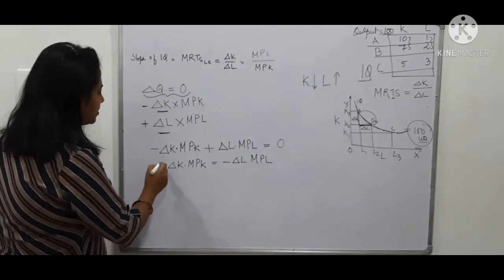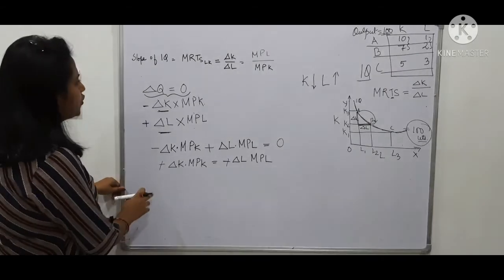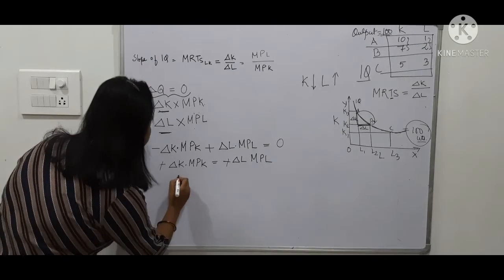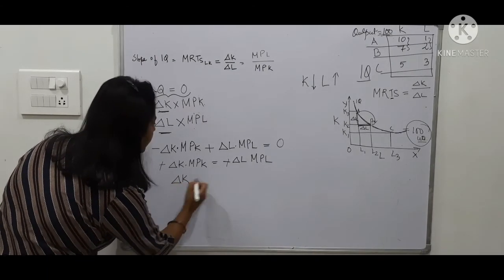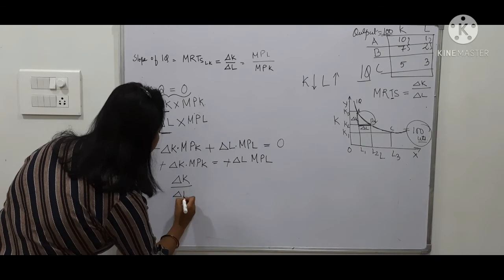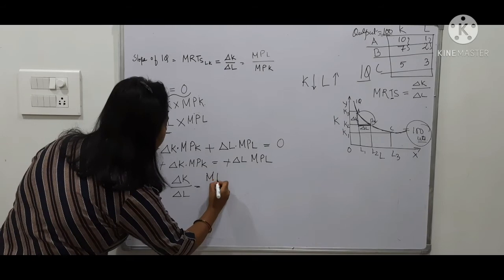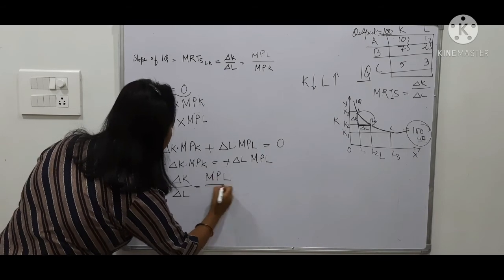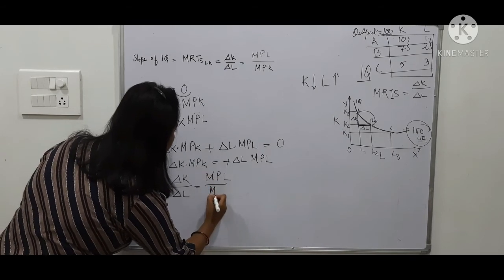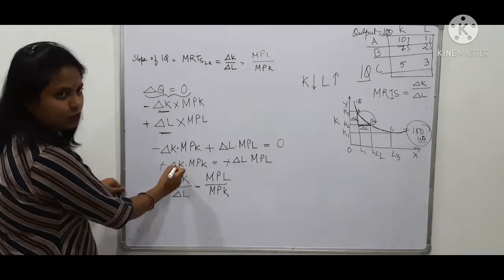Now you just cancel this minus, and now I can write delta K divided by delta L is equal to, just cross multiplication, marginal productivity of labor divided by marginal productivity of capital. See, if you cross multiply, you will get this only.